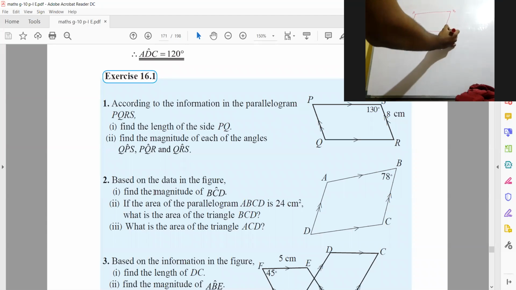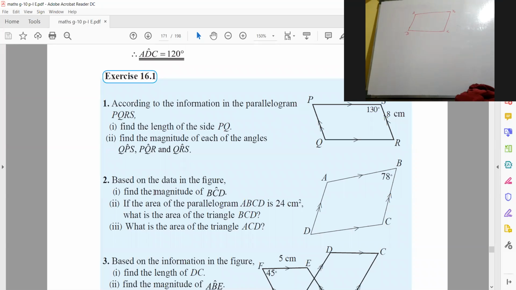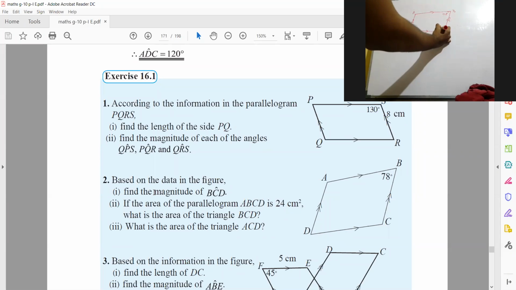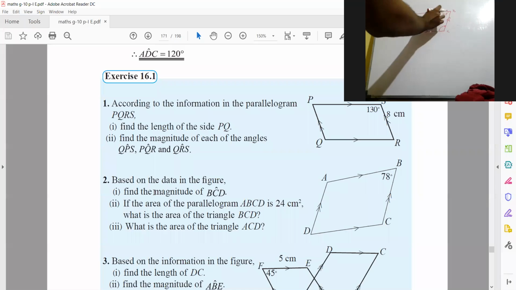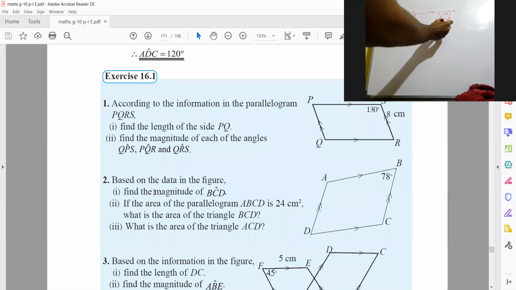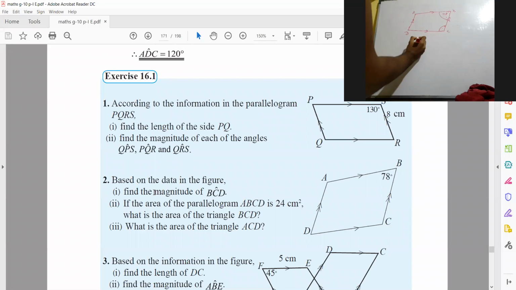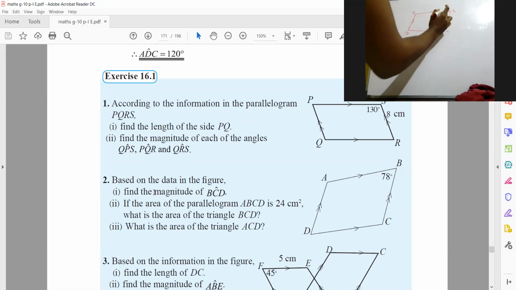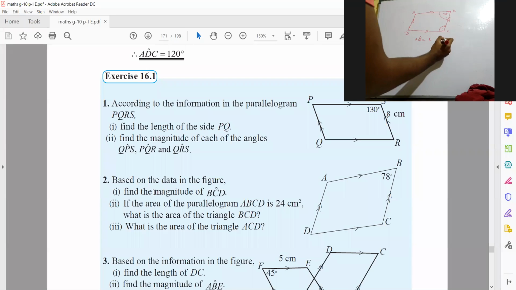B, C, D. Right? See, they are parallel to each other. This is 78 degrees. Now they are asking to find the magnitude of BCD. It is this angle, right? The angle here. Now you know that angle ABC and the angle BCD are what?